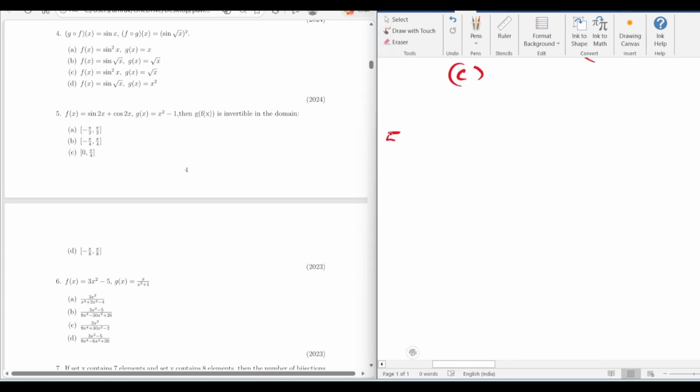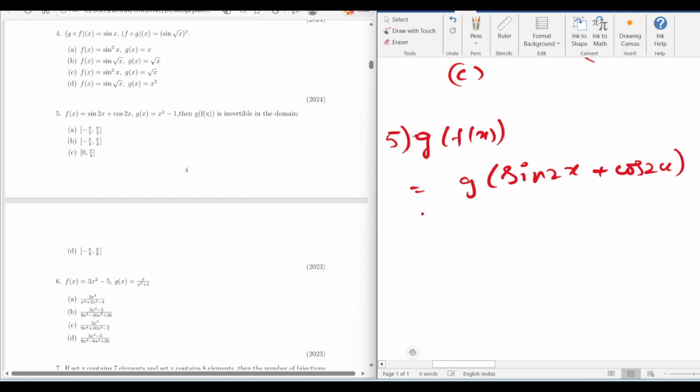So which is the fifth question. For the fifth question they have given f of x and g of x. They're asking g of f of x is invertible in the domain. Let us first find out what is g of f of x. f of x is sine 2x plus cos 2x, and g of x is x square minus 1.